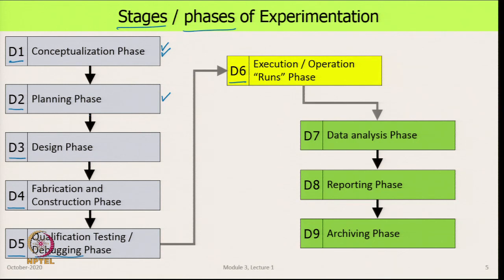So, all we have done is come from this stage, and now we are varying parameters, taking data, and each one of those is called a run, and doing all the runs one after the other, executing the experiment at different parameters. This is called the execution or operation of the experiment. In the course and the notes, we largely use the word execution. This is the execution phase.